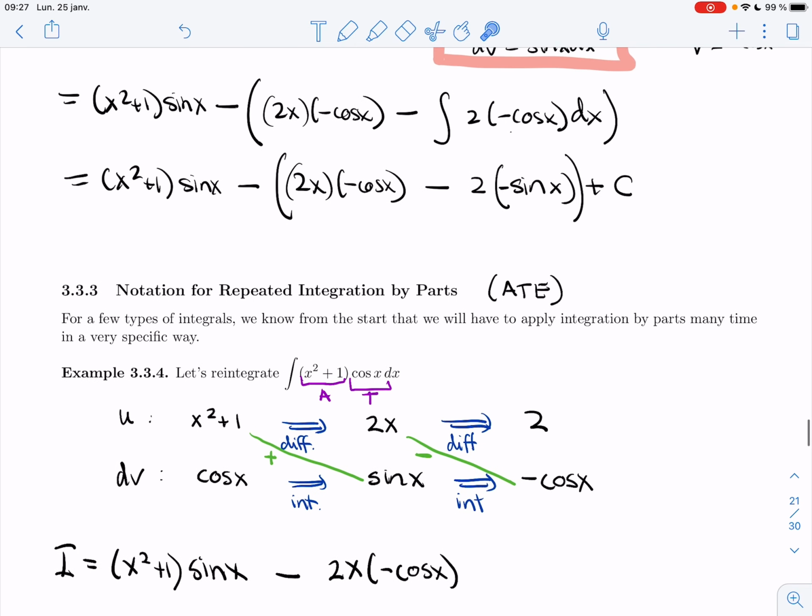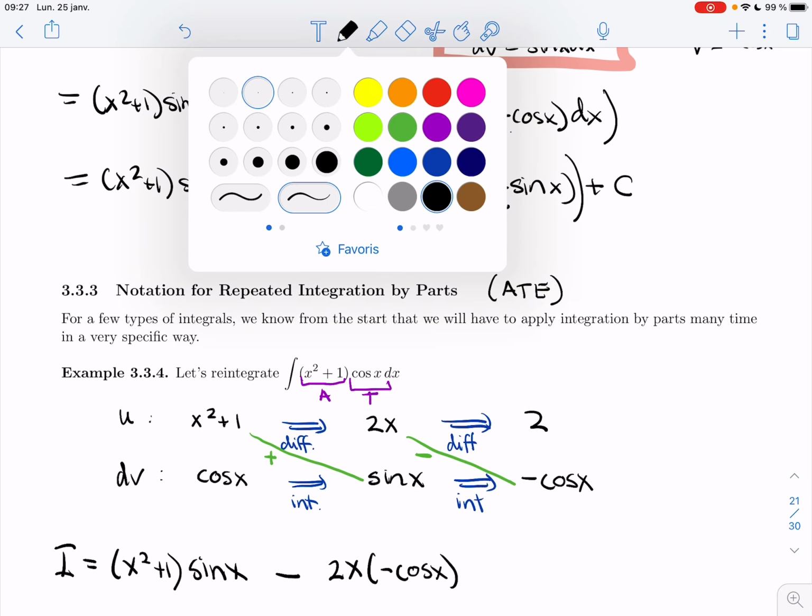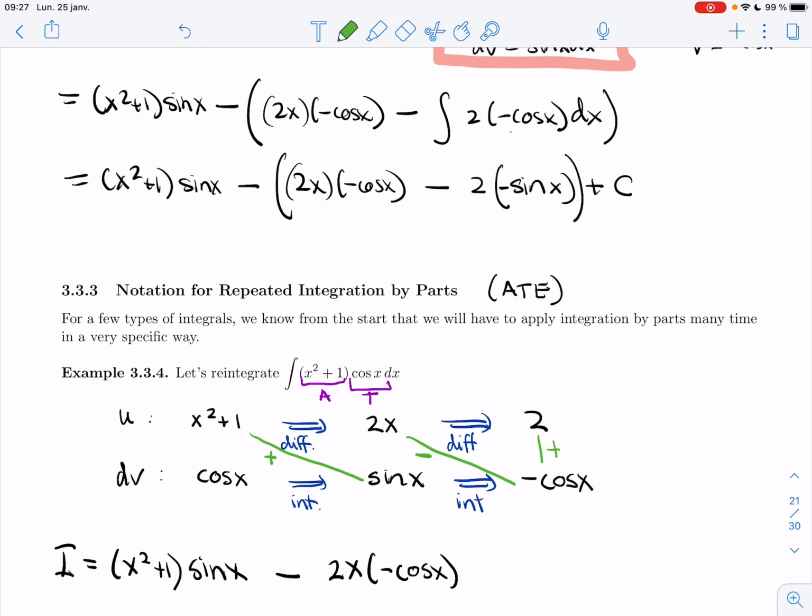And then my final term is the integral of this final column. So it's a lot like what we had. It's just that you have more diagonals to take care of. And then I have one minus from the first time I applied IBP, and a second minus from the second time I applied integration by parts. So together I actually get a plus.